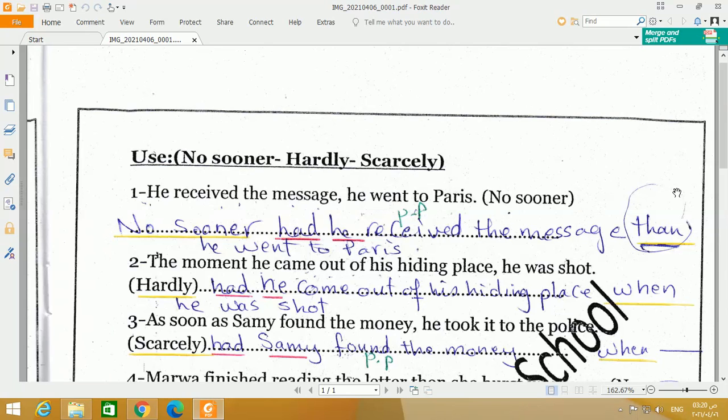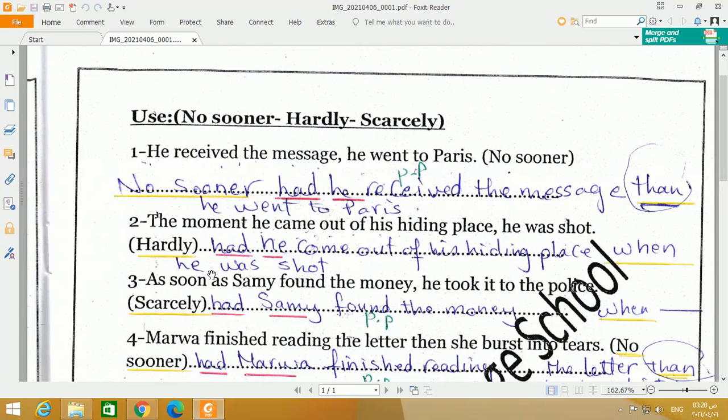If you notice, when he was shot, here after when, we use a sentence in past simple. But if you see the difference between number one in no sooner and hardly in number two, in no sooner we use then, but in hardly we use when. And after both of them, past simple.